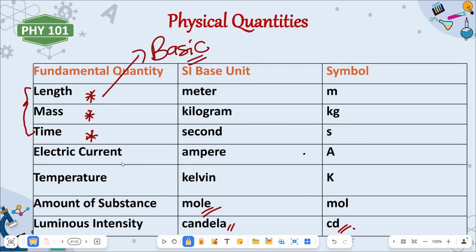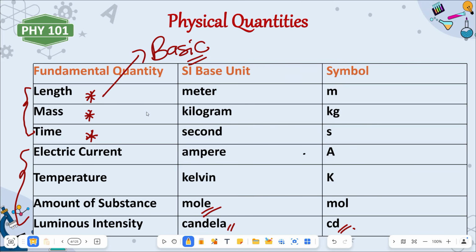So mass, length, and time are the basic fundamental quantities. Electric current, temperature, amount of substance, and luminous intensity are also fundamental quantities, but not as fundamental as these first three. And you should know the units of their measurement.